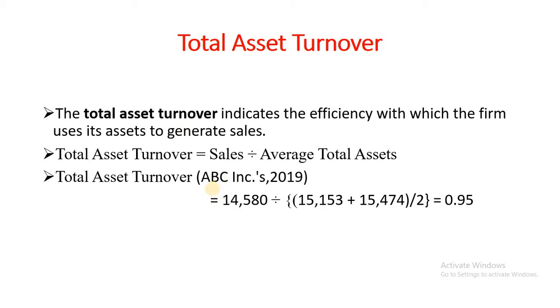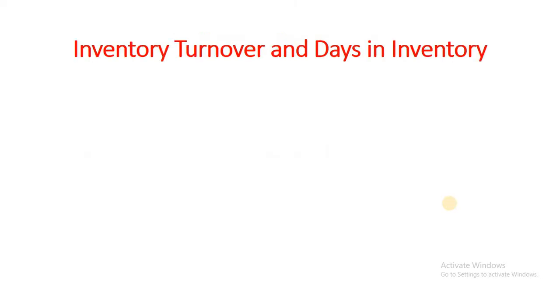That means for 2019, it is the total asset of 2019 plus the total asset of 2018, divided by 2, and the total asset turnover ratio of ABC Incorporation is 0.95. This ratio indicates firm assets are converted into sales 0.95 times.